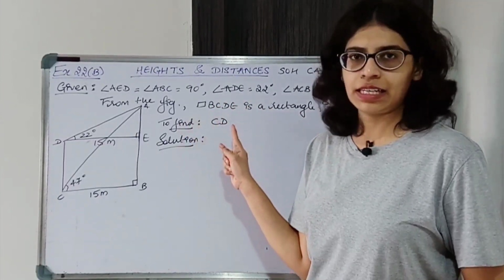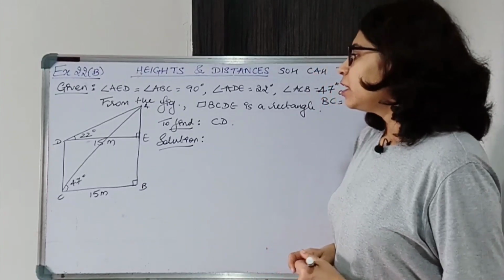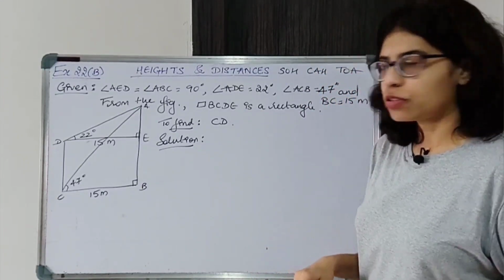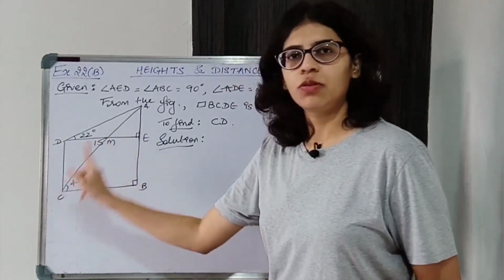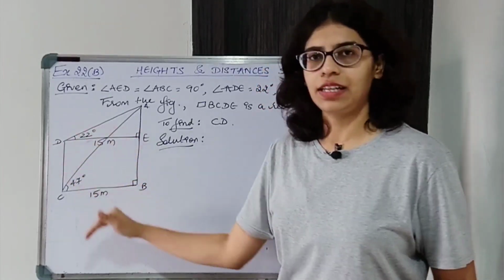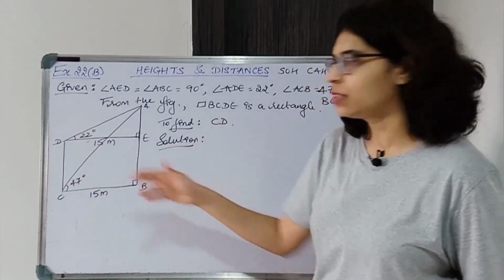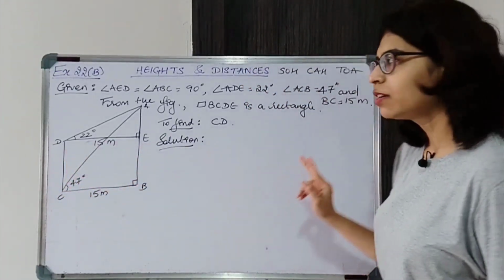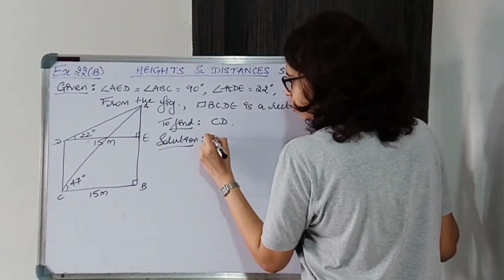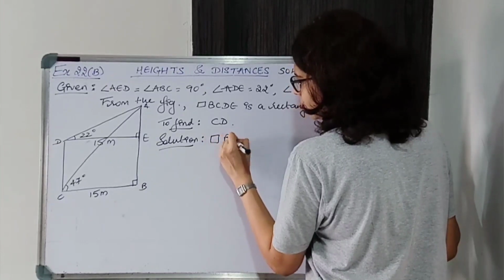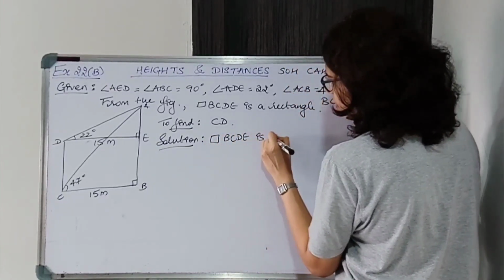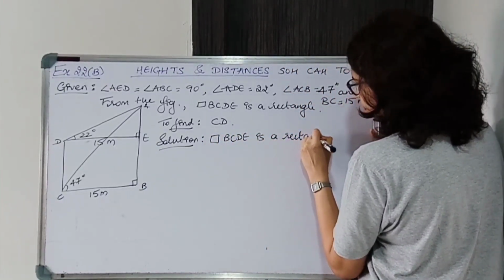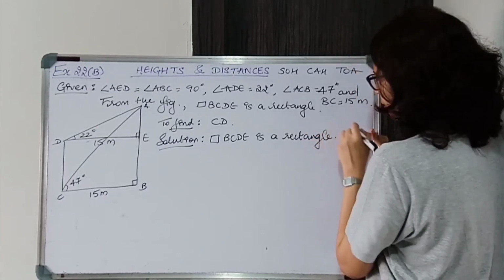To find CD. Now starting with the solution, first we'll consider this quadrilateral. We'll write down that opposite sides are equal. From that we'll get the information that CD is equal to BE and BC is equal to DE. Quadrilateral BCDE is a rectangle, given.